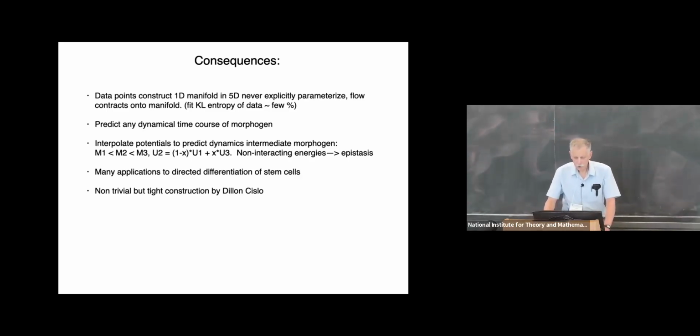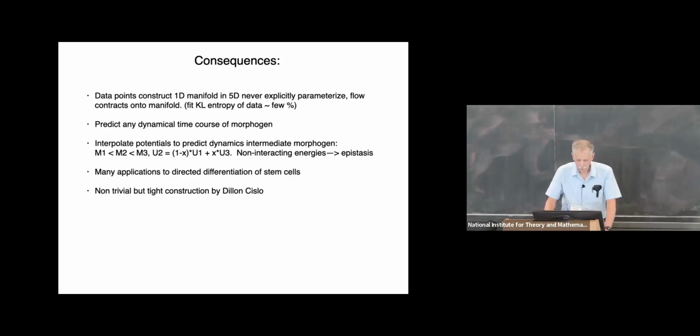With this construction and that fit potential, we can then fit the Kullback-Leibler divergence of the data as it slides down as a function of time quite accurately. Having fit some time course data, this allows us to predict arbitrary time course data.